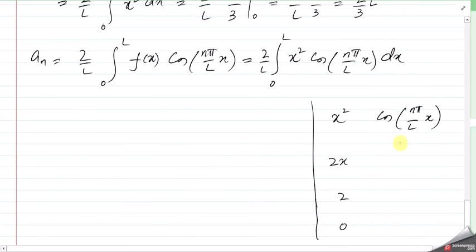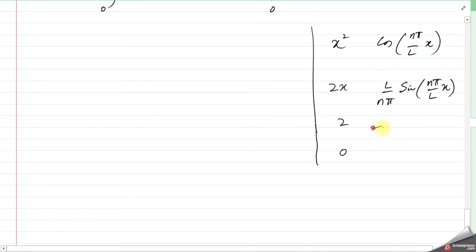And cos n pi over Lx, when we integrate, it becomes L over n pi sine n pi over Lx, and then it becomes minus L square over n square pi square cos n pi over Lx.